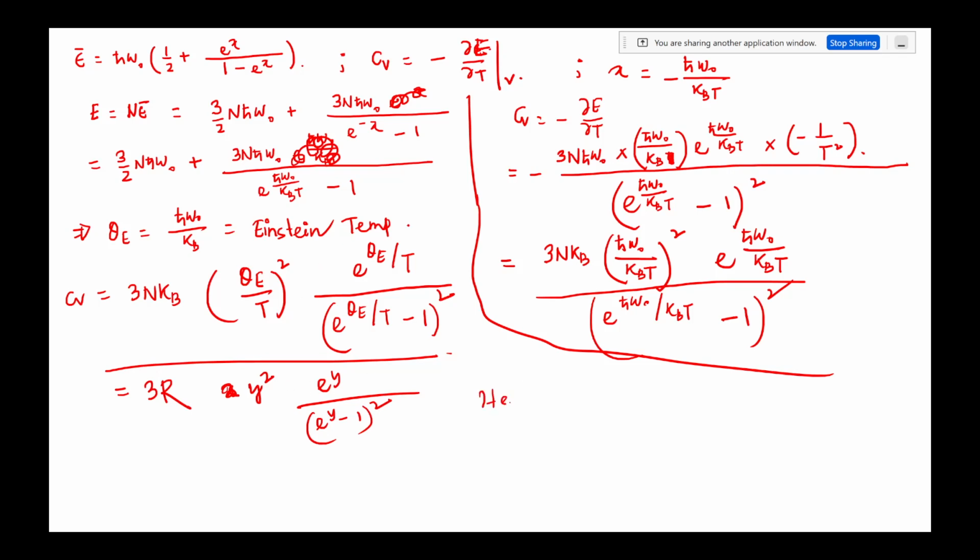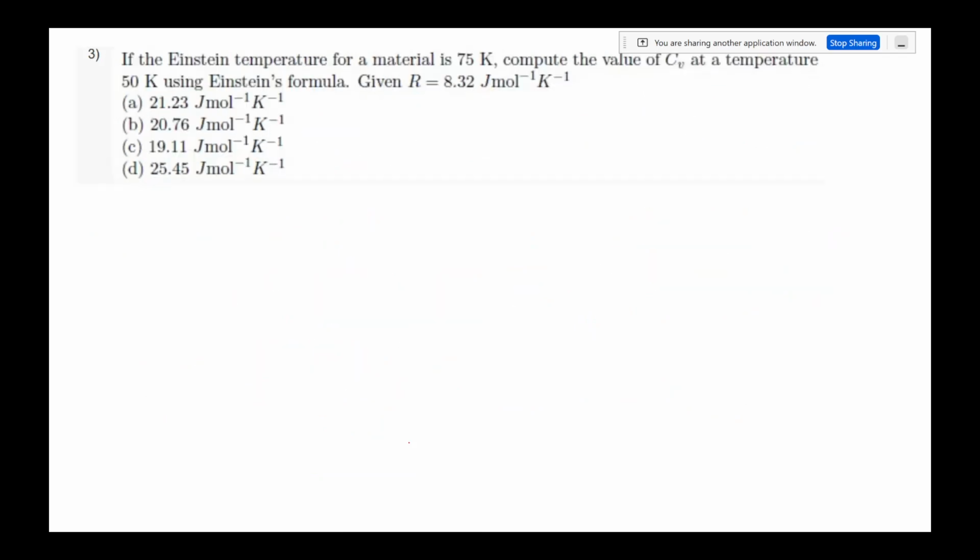Here y is equal to theta E by T. Can you use this formula and do the solution? This will be the same formula, right? Same thing, right? So use it here and do the calculations.